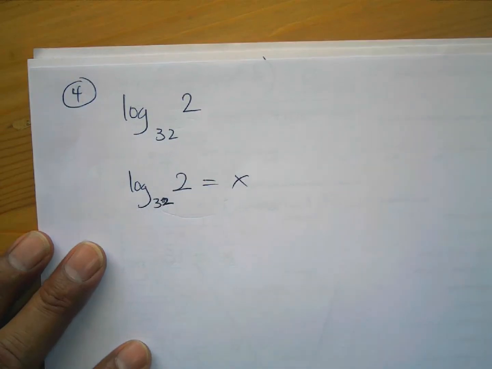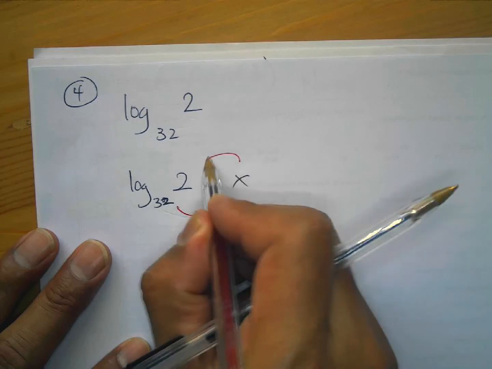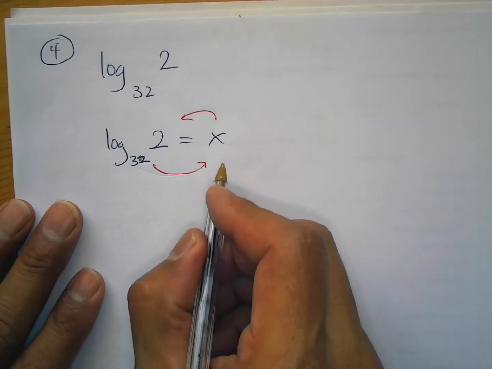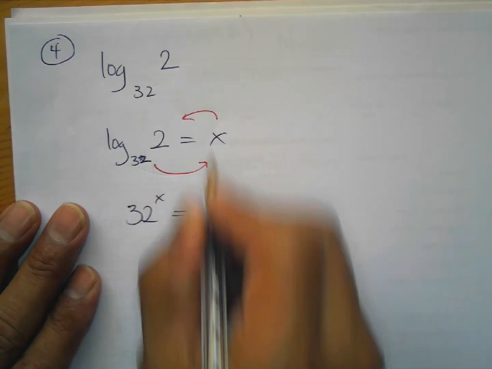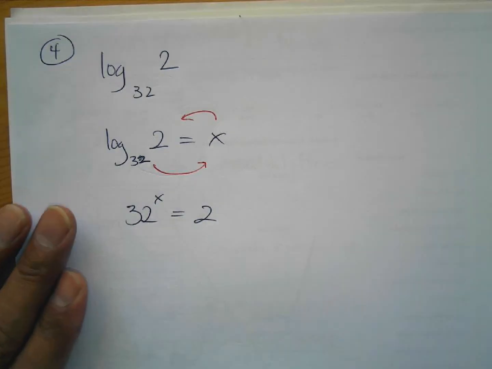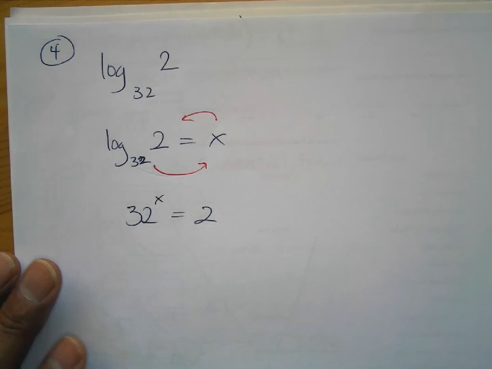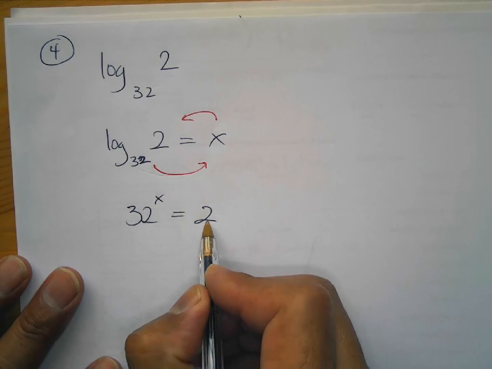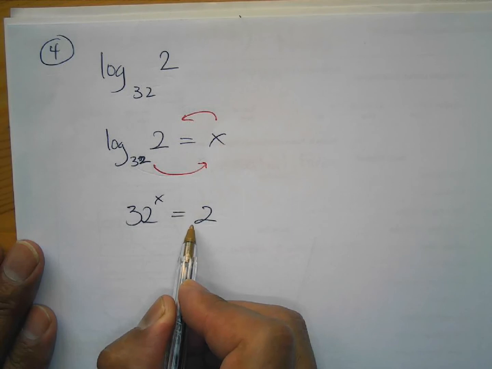We got to change it to exponential form first. We're going to change it to work with just bases and exponents. That's going to be 32 to the power of x equals 2. Okay, now what? Well, here the base is 2. Can 32 be written with a base of 2? Yes, it can.